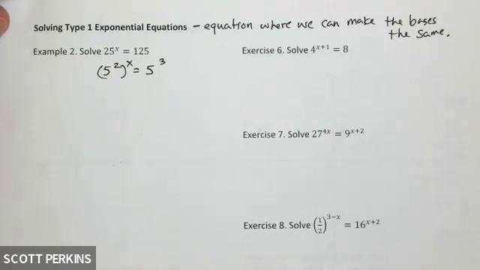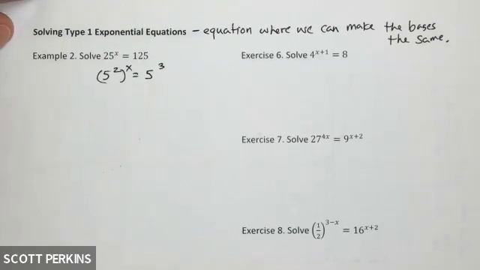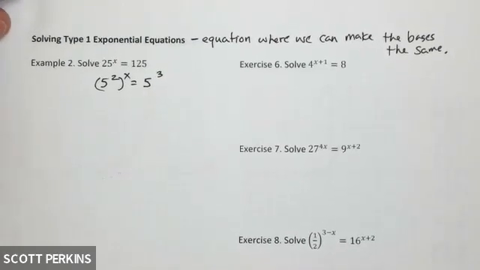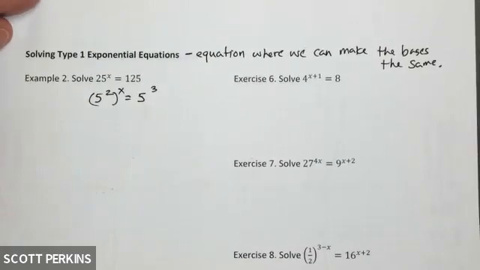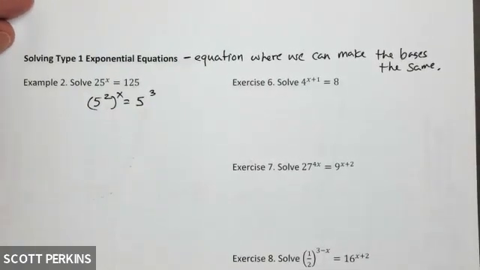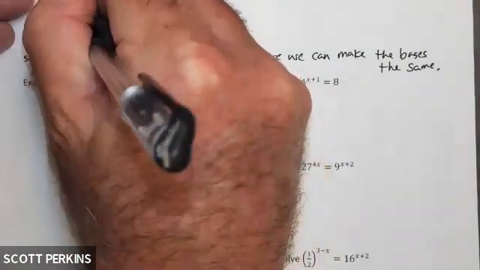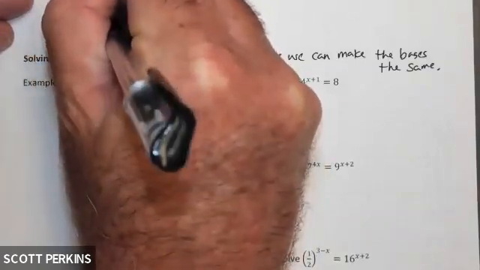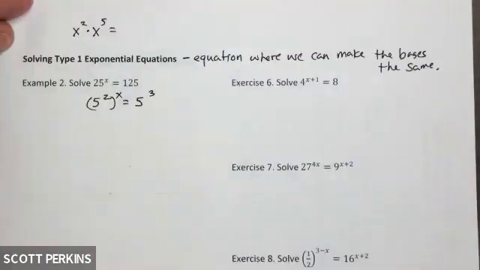Now, again, I know you're learning lots of algebra. I don't want to assume that you remember everything. I just want to do the quickest possible review of the properties of exponents that I could possibly do. So if I had x to the second times x to the fifth, what do you do in the case where you're multiplying the bases? What do you do with the exponents? You add them. Yes.